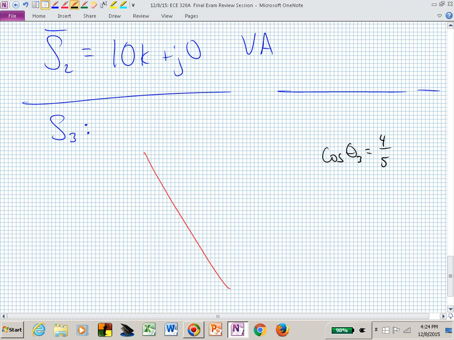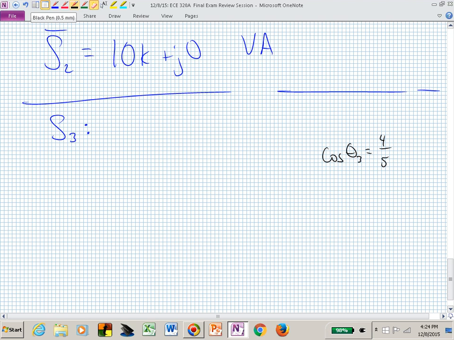Now we again have this 3, 4, 5 triangle. Except, what do we know about the angle here? It's not as big, and I've drawn it maybe bigger, because the cosine of that angle needs to be 0.8 instead of 0.6.